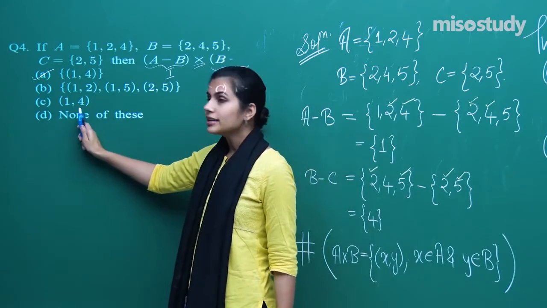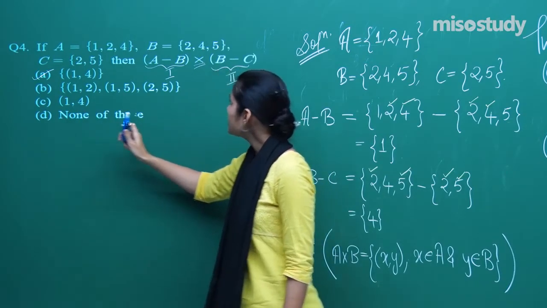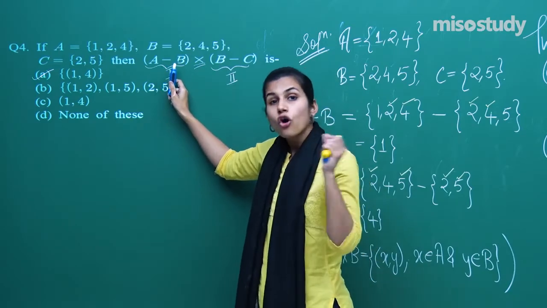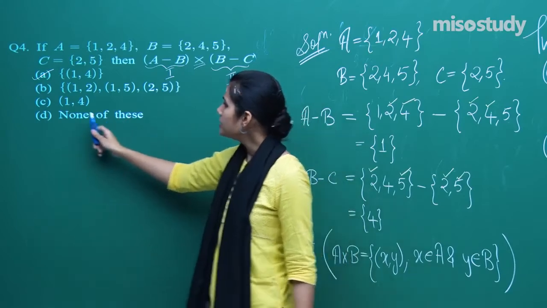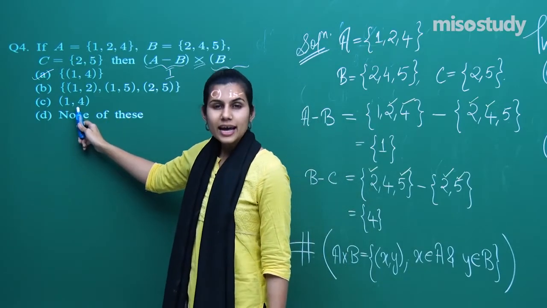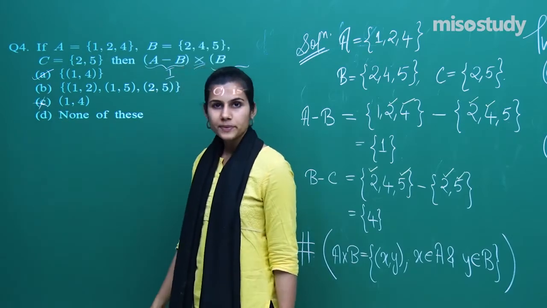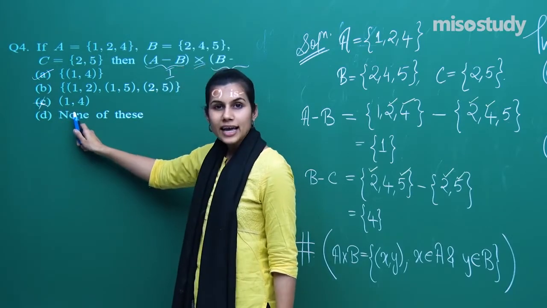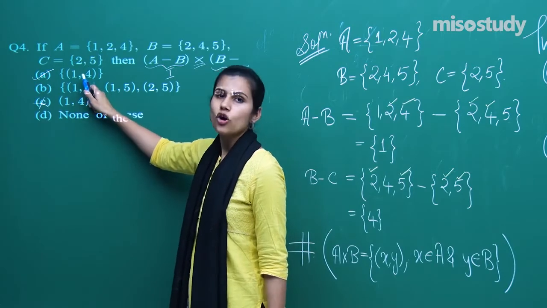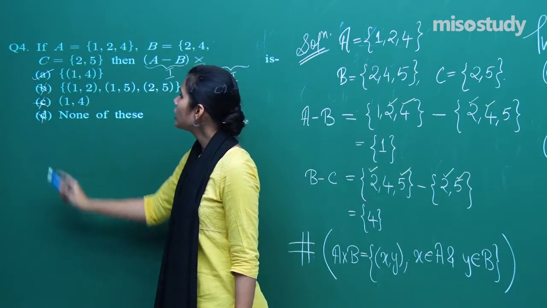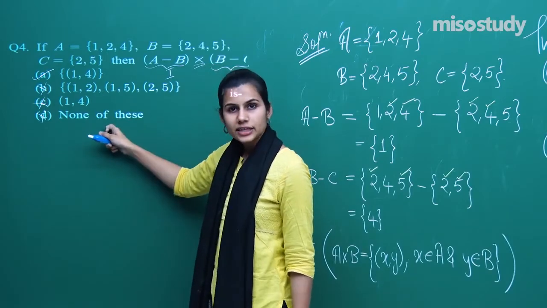No, this is not the correct answer because I want a set in which ordered pairs are sitting, and this is not a set and I need a set, and therefore C is definitely wrong. That is the difference between an element and a set consisting of an element. That is why A is correct, C is wrong, B is wrong and D is definitely wrong.